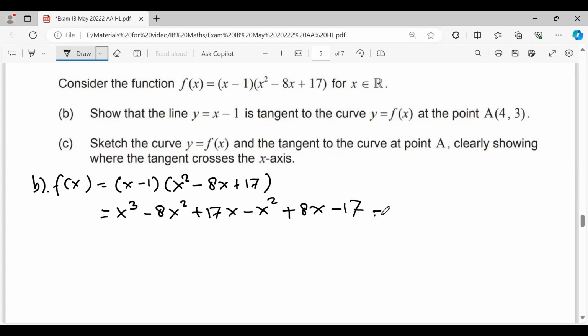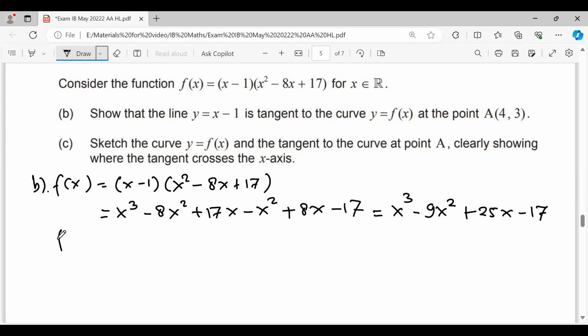It becomes x cubed minus 9x squared plus 25x minus 17.